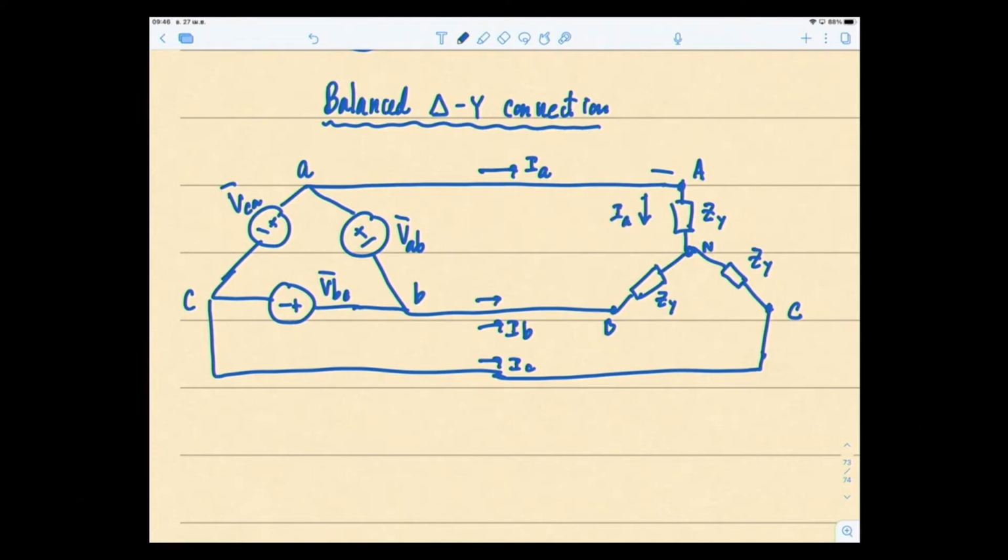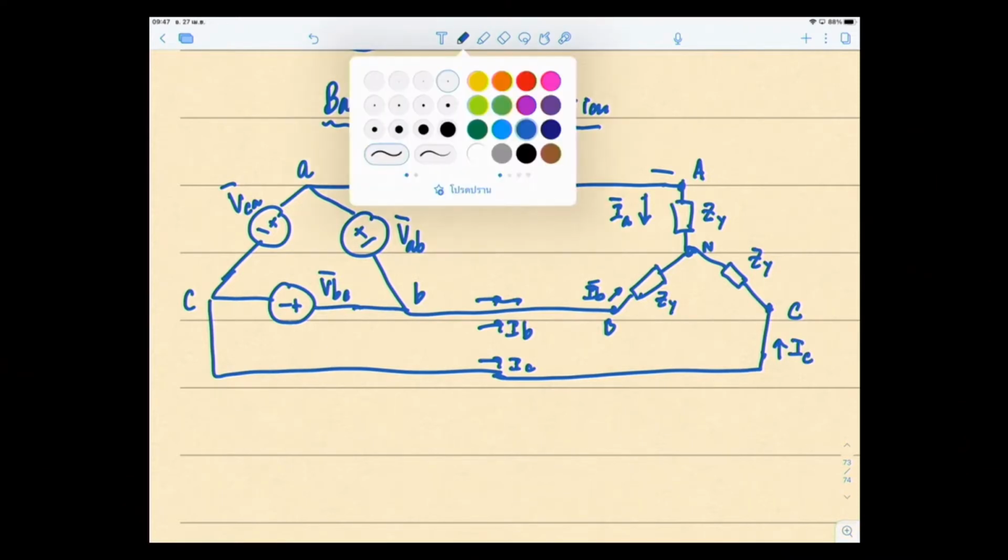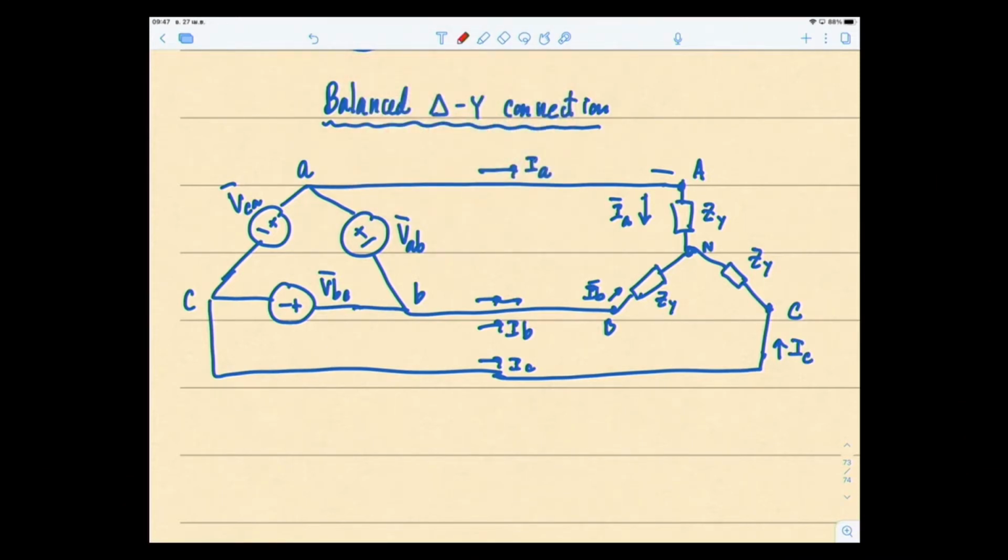We have IA flowing in here, and of course IB flows like this, goes up here, and IC goes up like this, which means that we would have the voltage drops according to the current. So plus minus here, the voltage drops here, positive, negative, and positive, negative here.